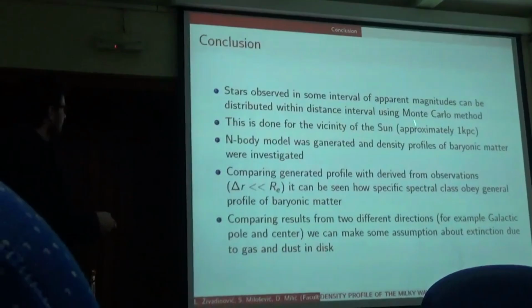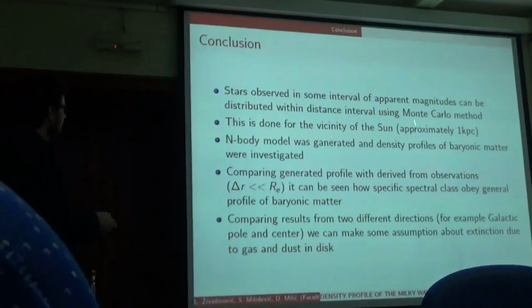What is actually the idea? What we have done till now, we have a Monte Carlo method which works for the vicinity of the Sun, and we have a model that was generated, and the density profiles of baryonic matter, actually density profiles of the stars, but most of the baryonic matter is contained within stars, so we can approximate that it is all baryonic matter in the galaxy.